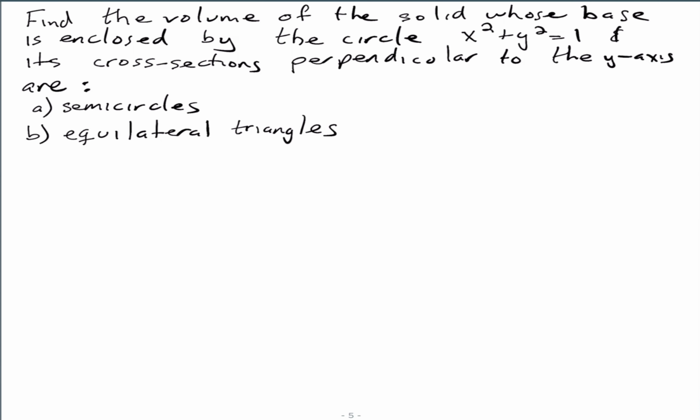So it says that we're looking for the volume of the solid whose base is enclosed by the circle x squared plus y squared equals 1, and the cross sections perpendicular to the y-axis are semicircles. So let me erase this so that we'll do that one after.